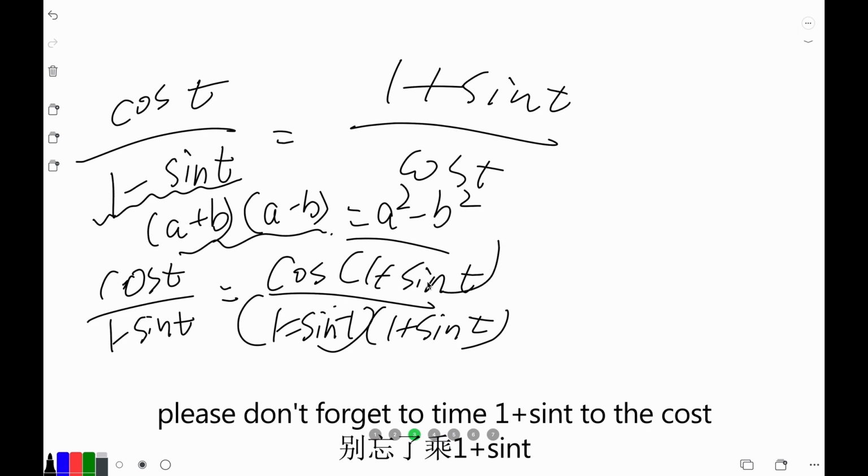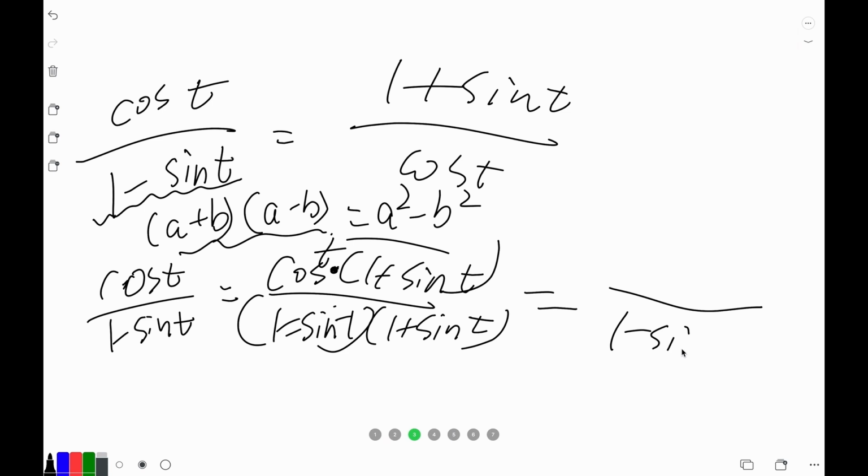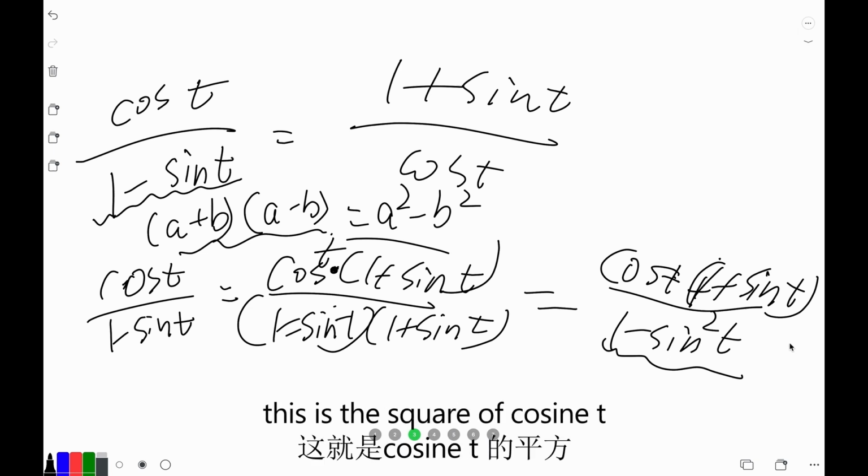Please don't forget to multiply by 1 plus sine t as well, and that equals 1 minus the square of sine t, and this equals the square of cosine t.